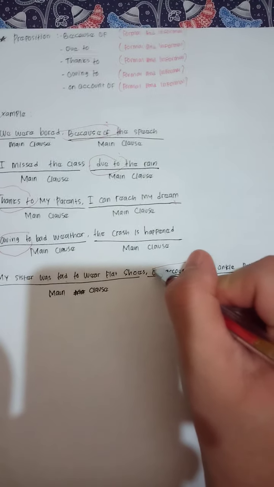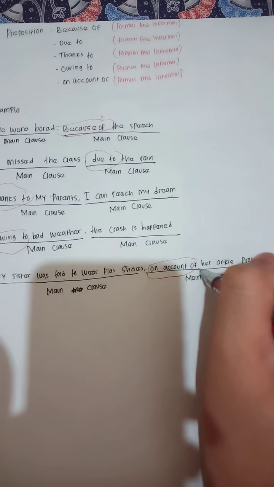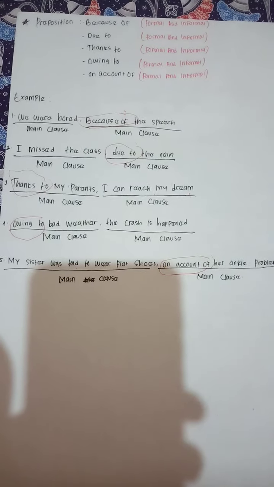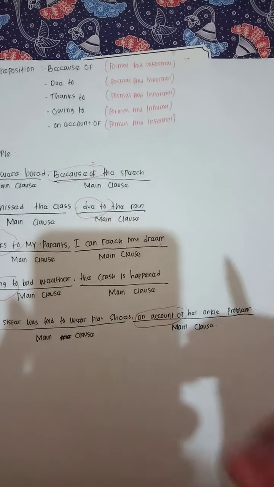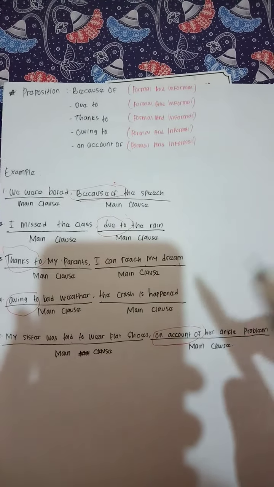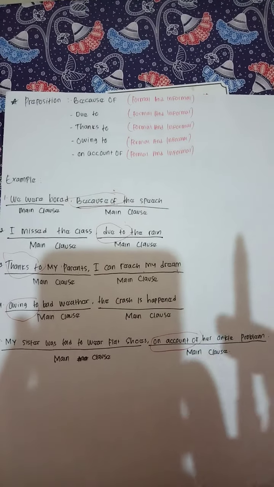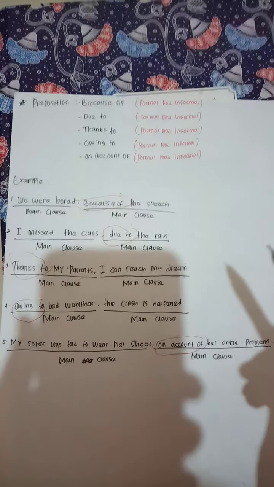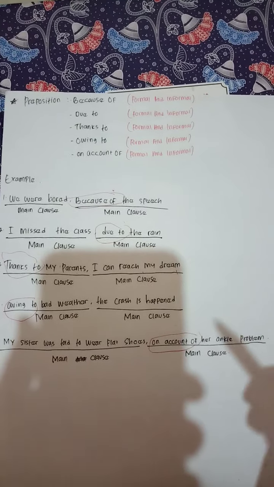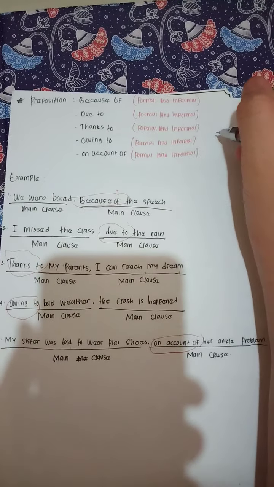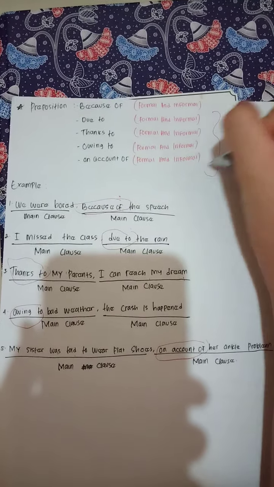This is on account of. This uses because of, due to, thanks to, owing to, on account of, for cause.